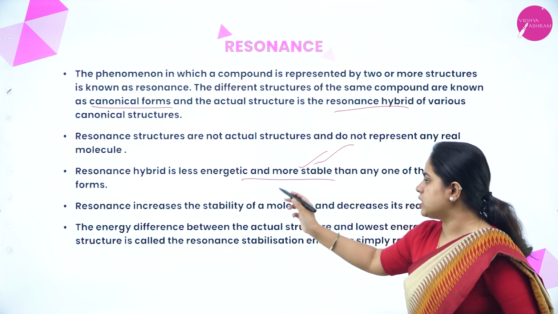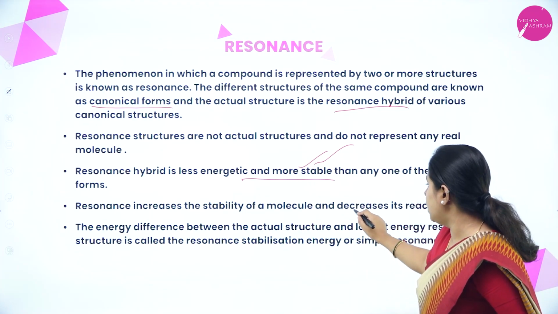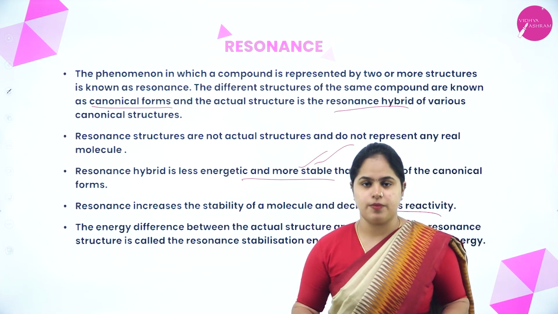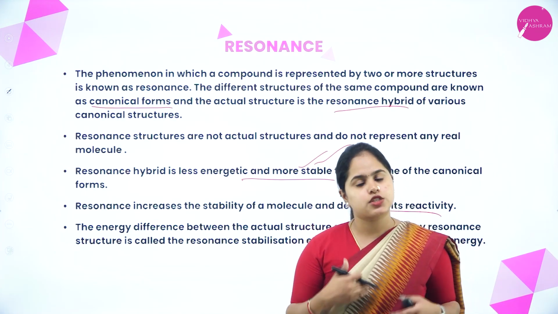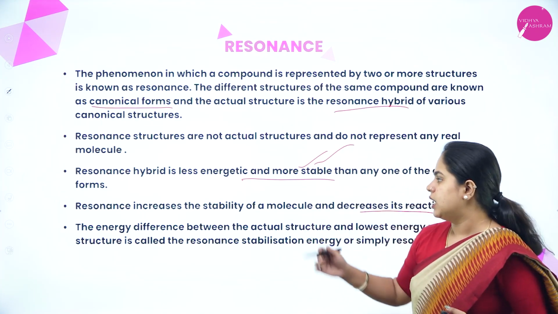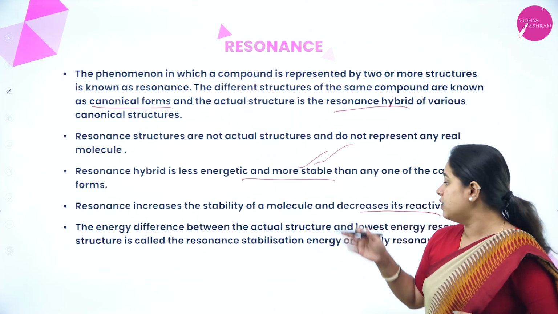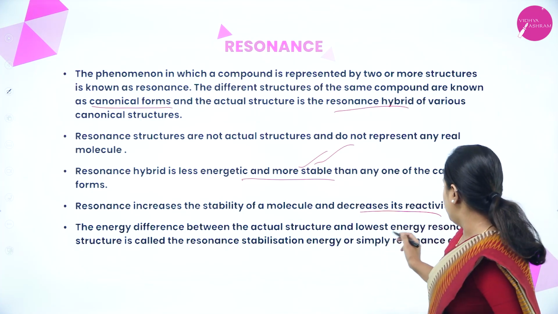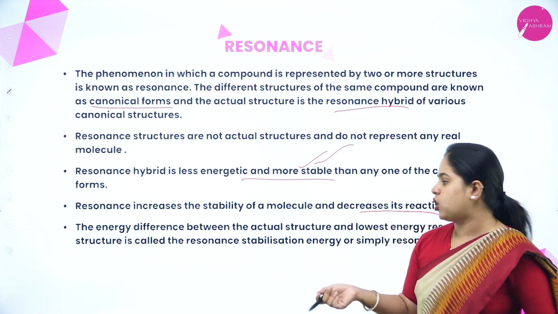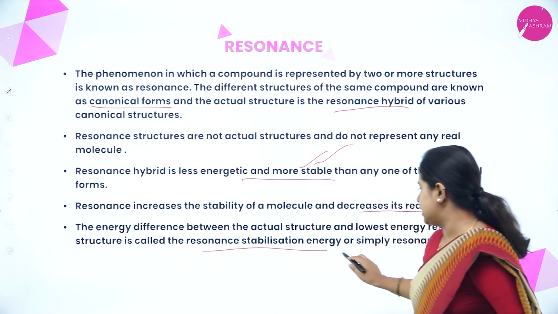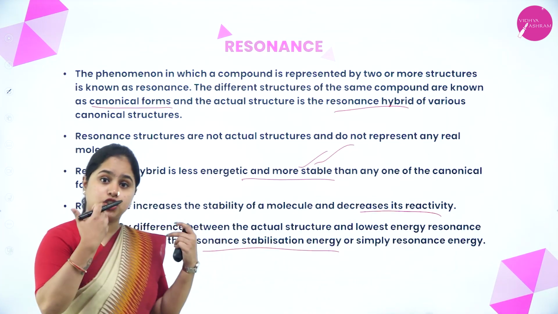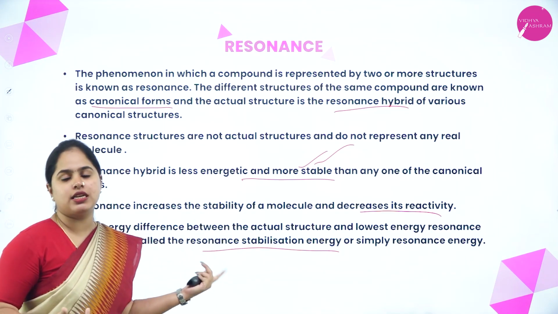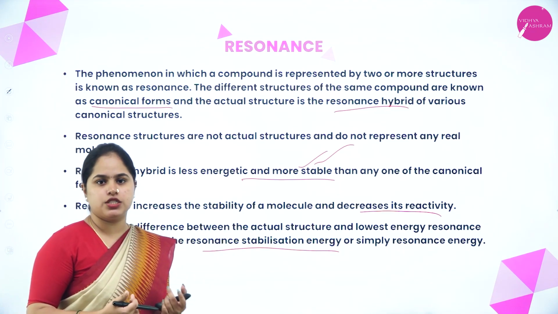Resonance increases the stability of a molecule and decreases its reactivity. So, the more the resonance structures, the more the stability and the less the reactivity. Now, the energy difference between the actual structure and the lowest energy resonance structure is called the resonance stabilization energy or resonance energy.